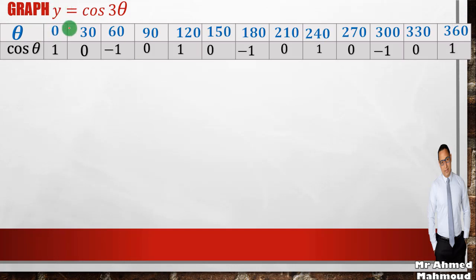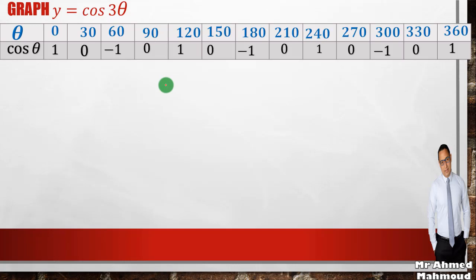Again here, cosine 3 times 0 equals 1, cosine 3 times 30 equals 0, cosine 3 times 60 equals negative 1, cosine 3 times 90 equals 0. Every time you have to multiply theta by 3 because we have here 3 theta.